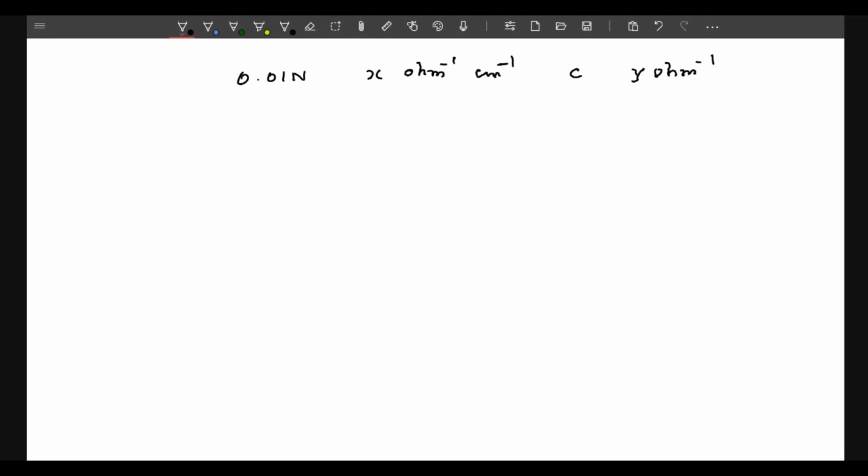Find out the specific conductance of 0.01 normal sodium chloride having conductance Z per ohm, using the same conductivity cell. Option: XZ by Y, this is the per ohm per centimeter.